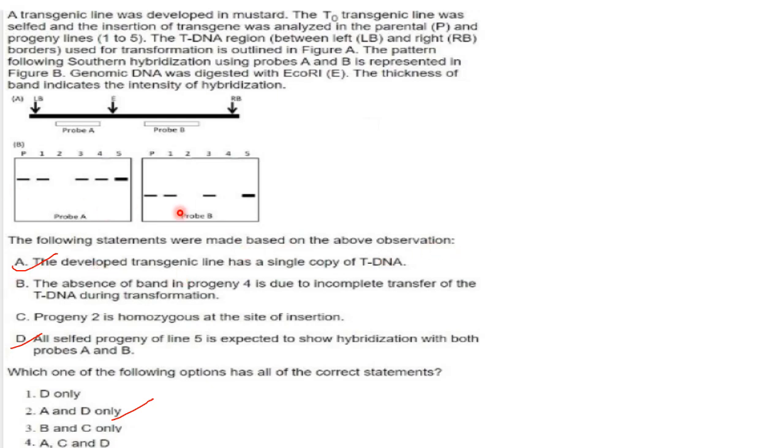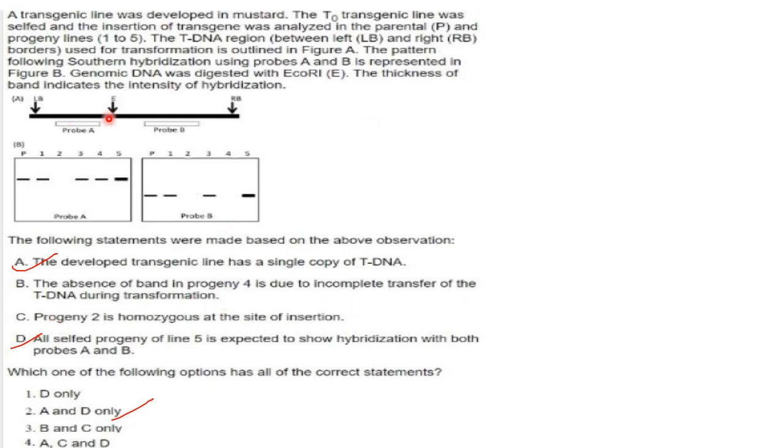So this is probe A, this is probe B. Probe A binds to this region, probe B binds to this region. The developed transgenic line has a single copy of T-DNA. Probe A gives a single band, probe B also gives a single band, so that is correct. The absence of band in progeny 4, where probe A is giving the band whereas probe B is not, is due to incomplete transfer of T-DNA during transformation.